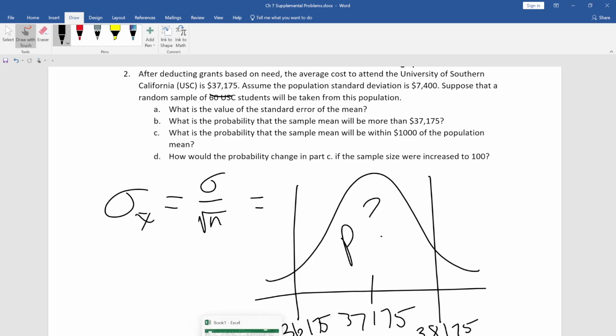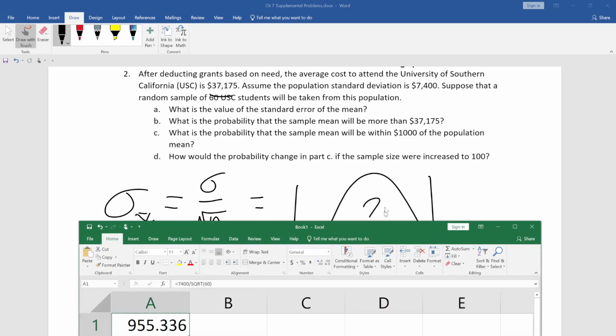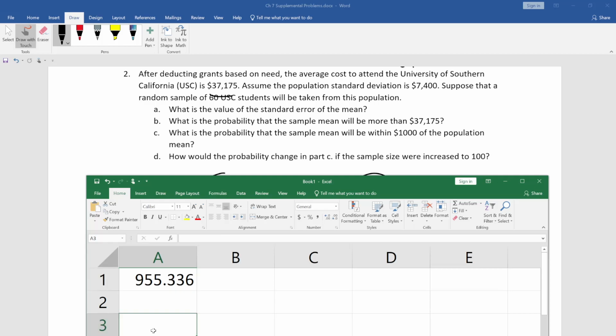So let's open up Excel to do that. So we're looking for the probability of less than 36,175, and then the probability of less than 38,175.